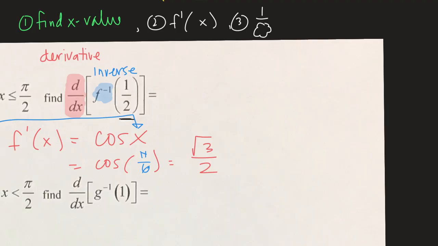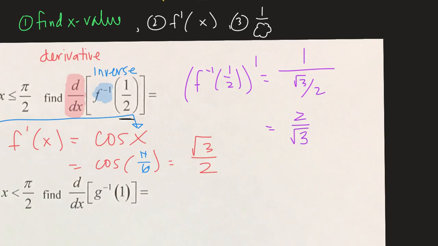And the third part is to reciprocate. So the derivative of our inverse at 1/2 is 1 over root 3 over 2. Now, unfortunately, you're not going to see it like that on a multiple choice test. They're going to want you to multiply by the reciprocal and get 2 over root 3.